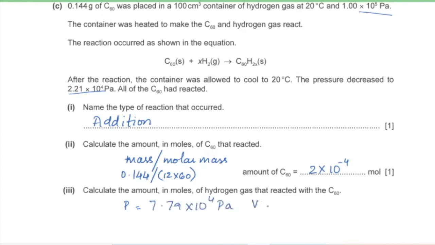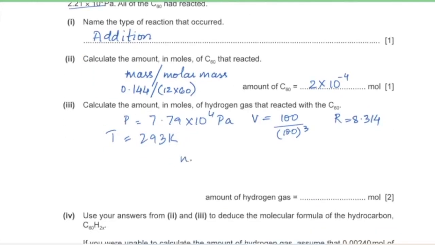The volume of the hydrogen gas which was being used is 100 centimeter cube, but for the PV equals nRT equation, we are going to convert that to meter cube. So 100 divided by 100 cube. We have R as 8.314 since that's a constant, and the temperature being used over here is 20 degrees Celsius, which is also equal to 293 kelvins.